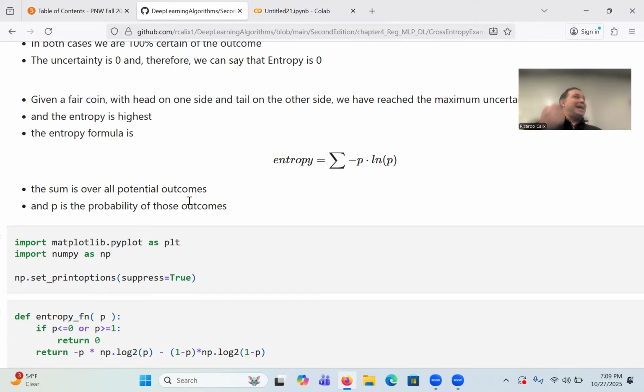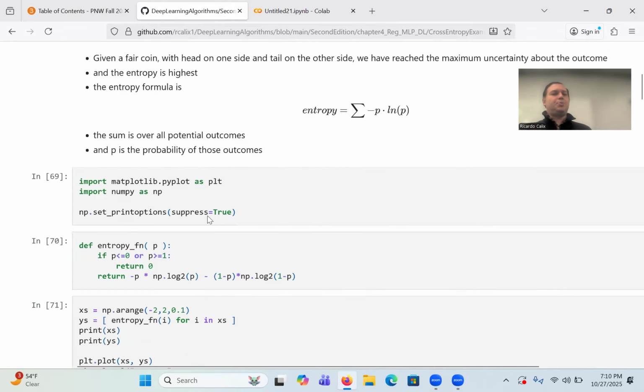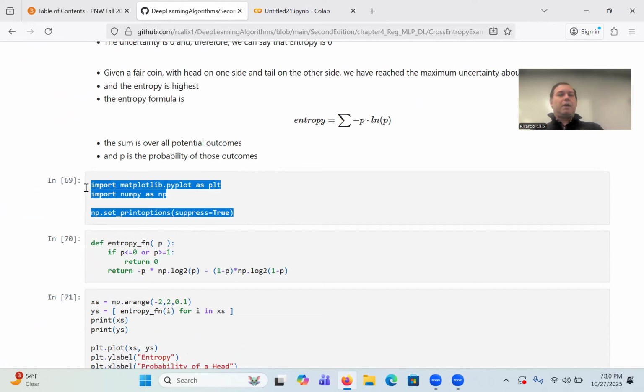In ours, if it's a binary, a coin is either heads or tails, so there's only 2 outcomes. So you just sum this over all the possibilities. And P in this case is the probability of the outcome, right? So for a fair coin, 50% heads, 50% tails. Do you guys see that? Pretty straightforward.